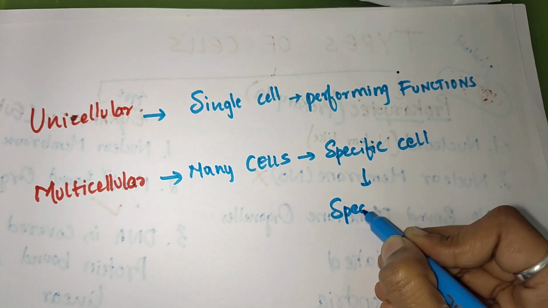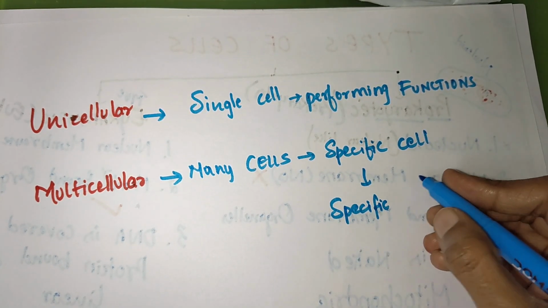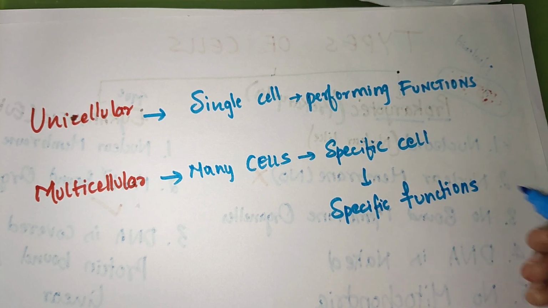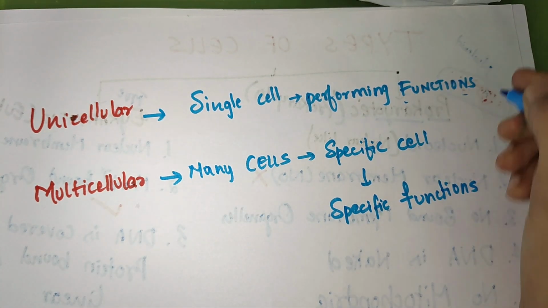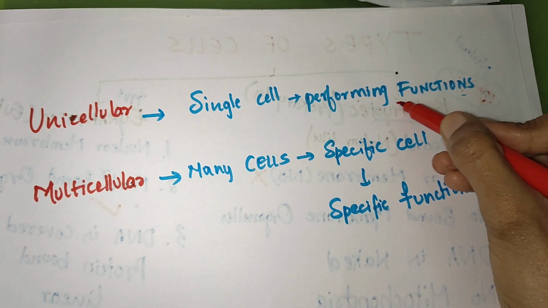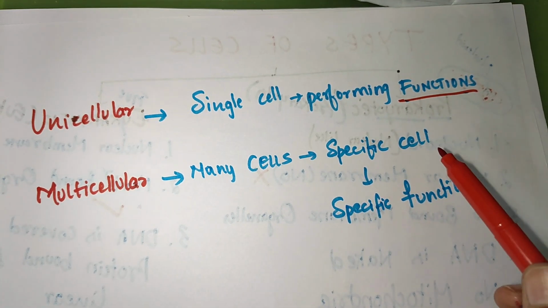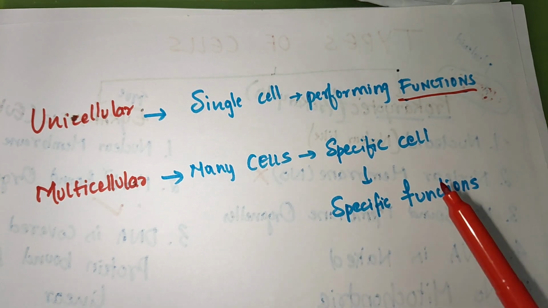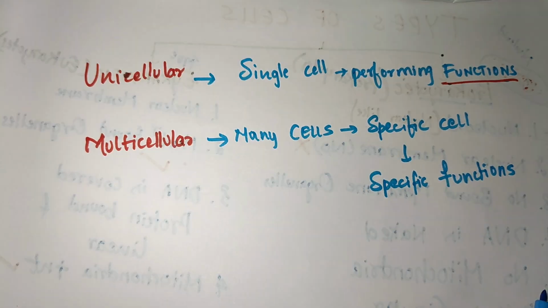There are specialized cells for every specific function. Is this clear? Unicellular, multicellular.